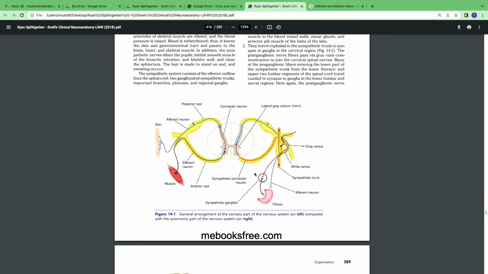One preganglionic axon can merge with multiple postganglionic neurons, and that's important. And that's how they create our autonomic plexuses, for example, and mostly we have our autonomic plexuses in the thorax, abdomen, and the pelvic cavity, right? So how are they working, right?